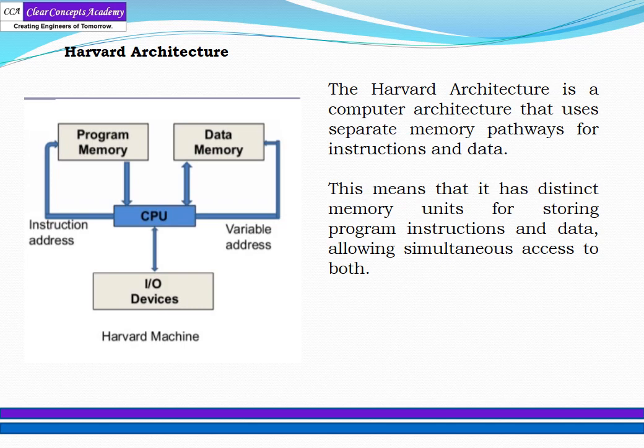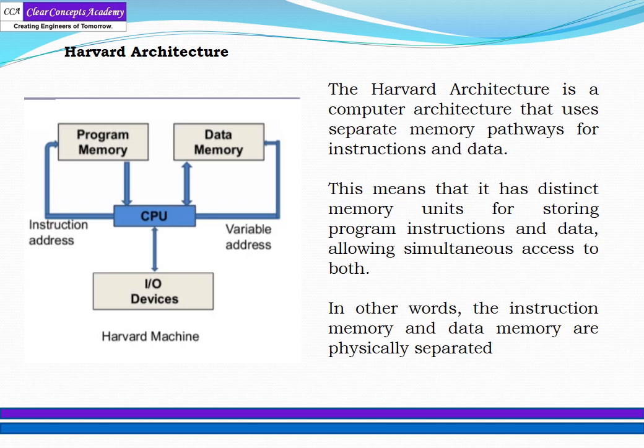This means that it has distinct memory units for storing program instructions and data, allowing simultaneous access to both. That means in this architecture it is possible to fetch instruction as well as data at the same time. Parallelly you can fetch instruction and data.